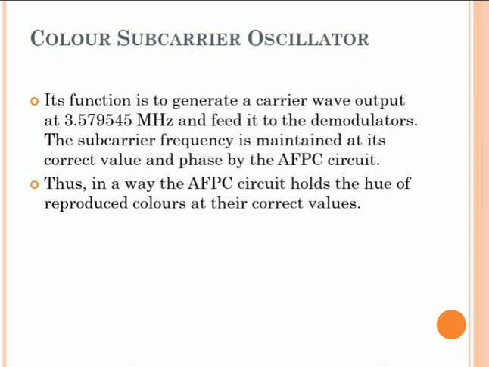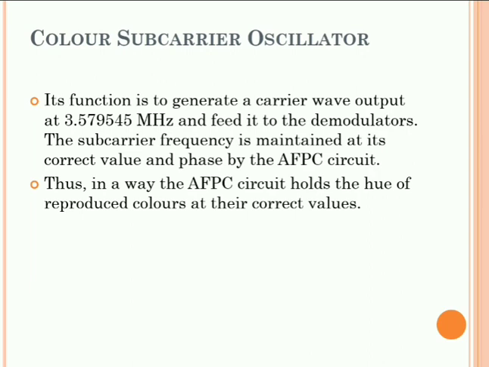An oscillator is something which produces a frequency. Its function is to generate a carrier wave output at 3.579545 megahertz, with precision, and feed it to the demodulators. The subcarrier frequency is maintained at its correct value and phase by the AFPC circuit. As we have seen in the diagram, after the subcarrier frequency, it is given to the AFC circuit.